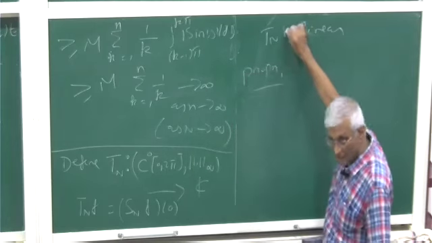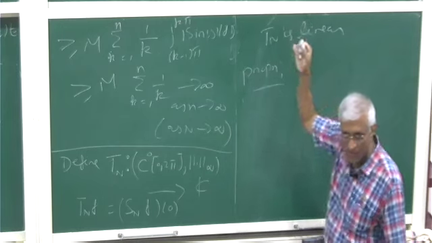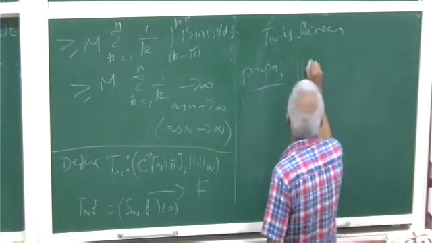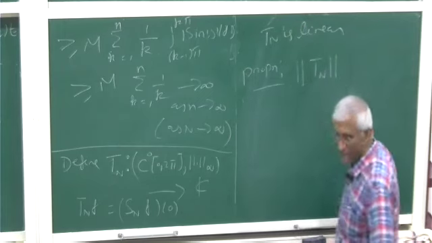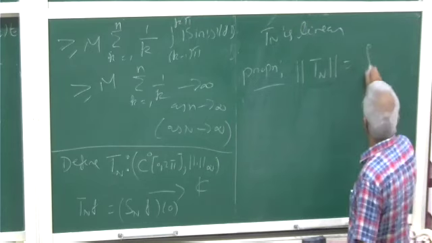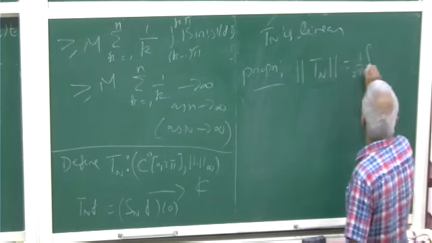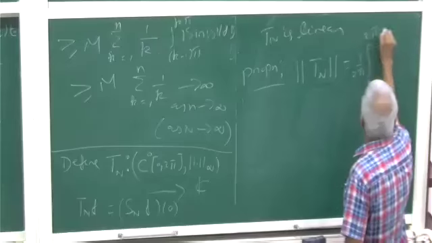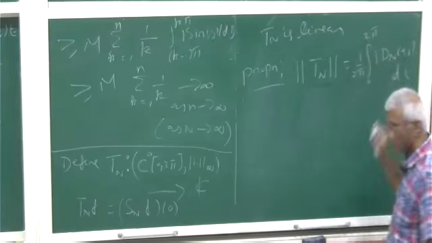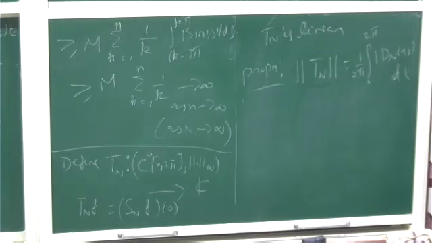To prove continuity, we have to prove it is bounded. Whatever we call it as a bounded linear operator. We have to provide that the norm is not infinity. We have to prove the norm is bounded. This is equal to 1 by 2 pi, integral 0 to 2 pi mod Dn dt. Okay.